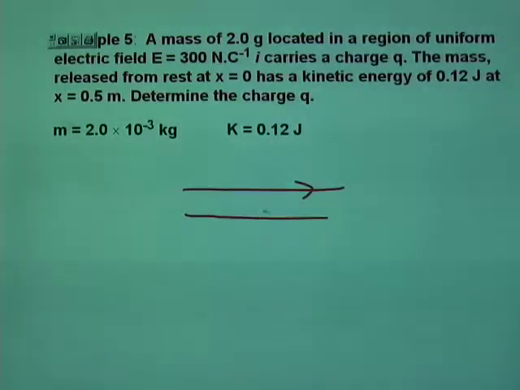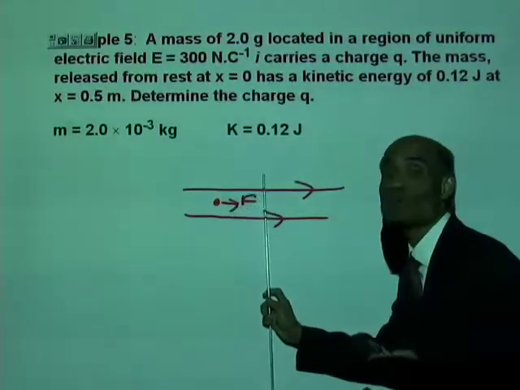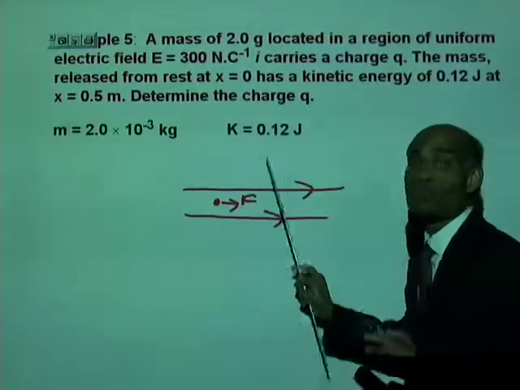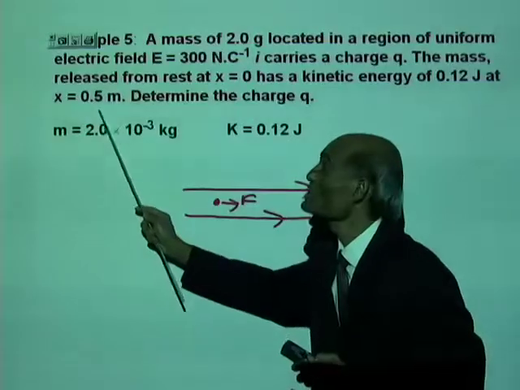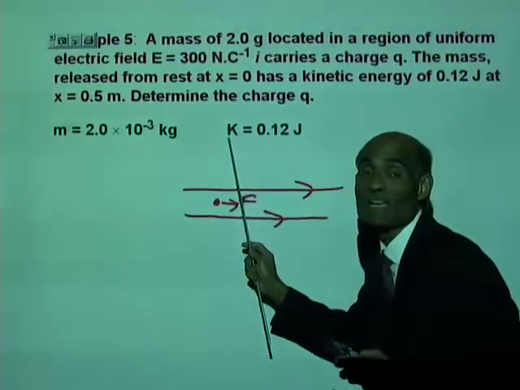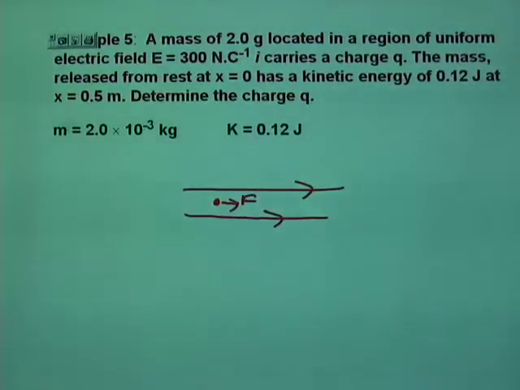This is the electric field, and this is the object that carries a charge Q. Assuming that the charge is a positive charge, it's going to experience a force in the forward direction, in the direction of the electric field. That means as it moves, it is going to acquire speed, and that is why it has kinetic energy. Now, when it moved through a distance of 0.5 meter, it acquired a kinetic energy of 0.12 joules.